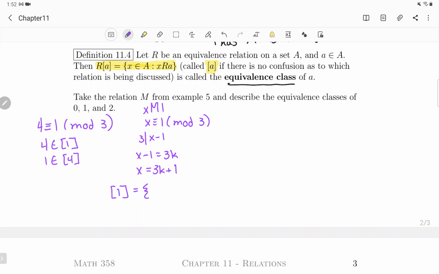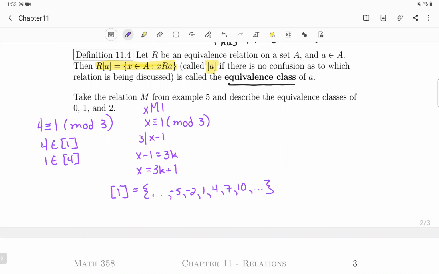So we'll have stuff like, leaving space for the negatives, 1, 4, 7, 10. Now the negatives, we're going to have -2, -5, because my multiple of 3 would be -6, and -5 is 1 more than that. All right.